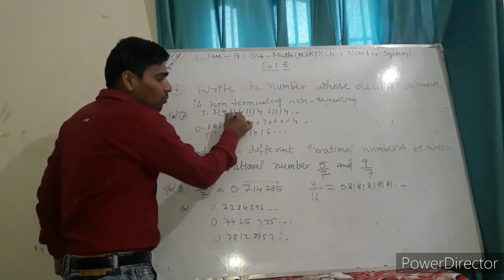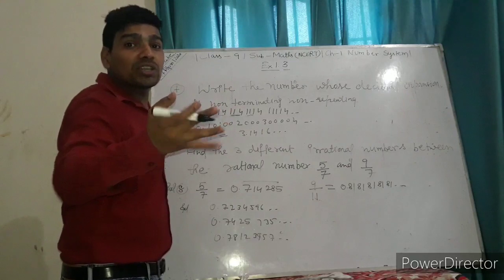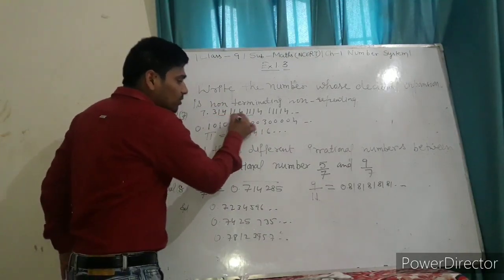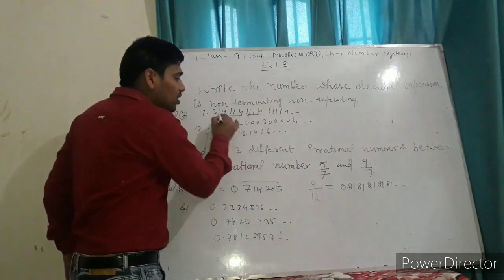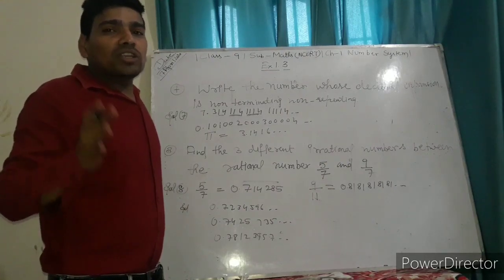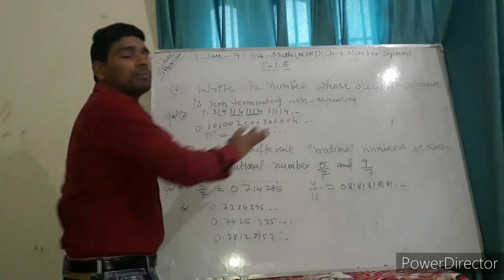If it is 114, then again there must be 114, then that is repeating. But here it is 14, then 114, then 1114. So this is not a repetition of any block like 14 14 14 or 114 114. So there is no repetition.